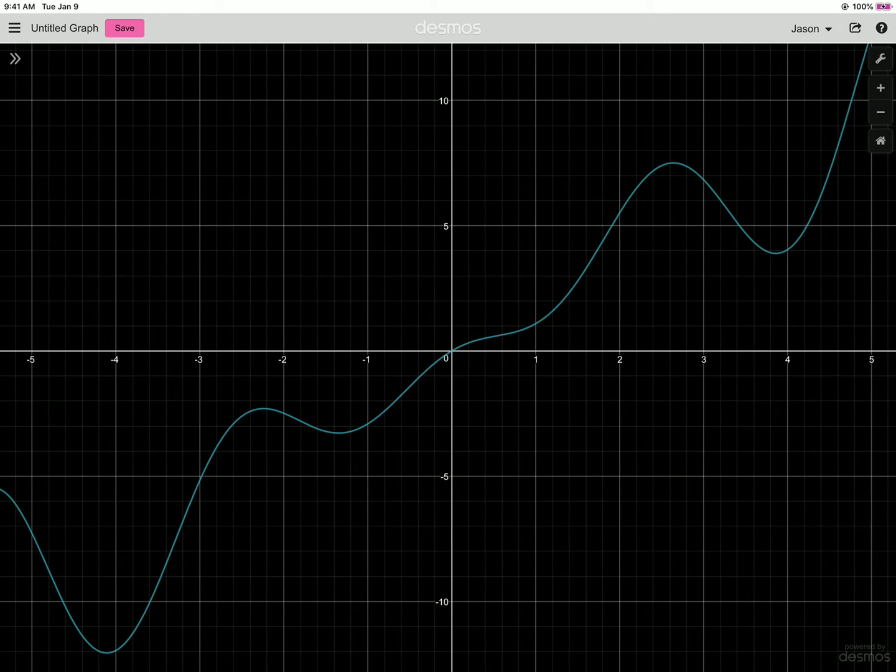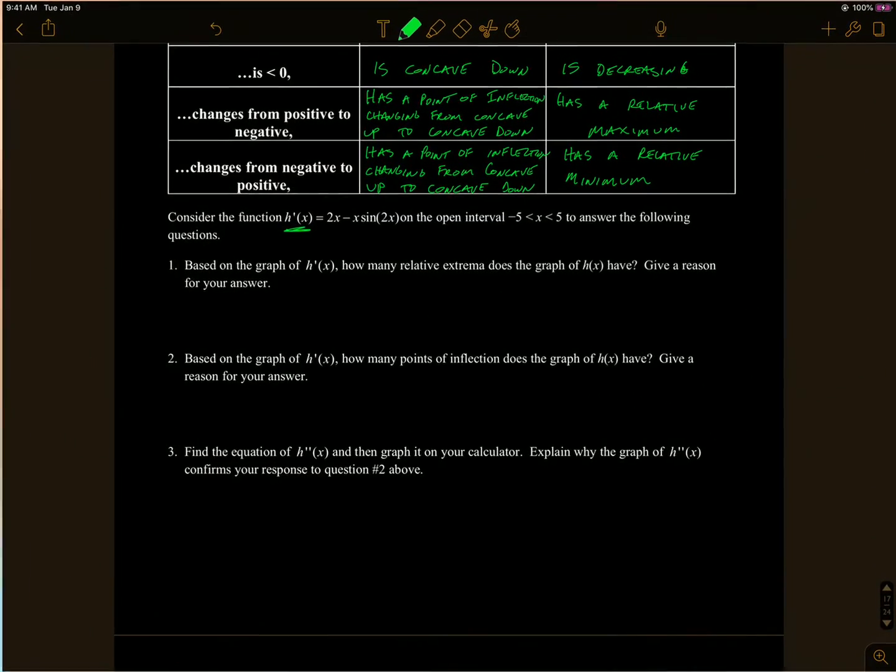This is our graph of our derivative. We know that whenever the derivative equals 0, the original has a horizontal tangent line, which means it may be a max or a min. To be a max or a min, the sign change actually has to occur. The first derivative has to change from negative to positive or positive to negative. We see that that happens at 0.